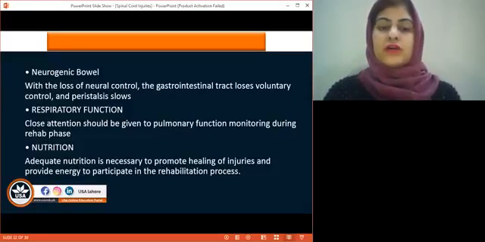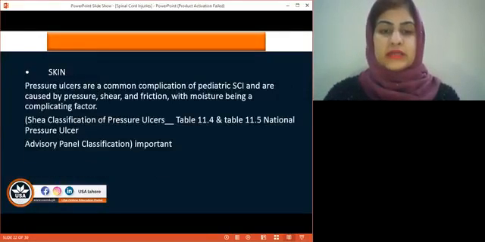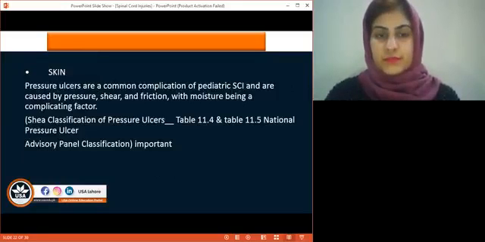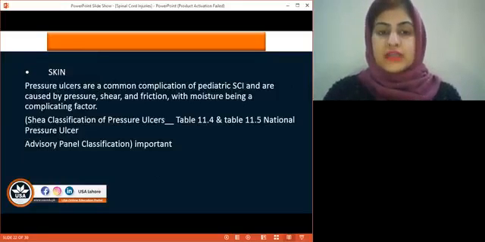For nutrition, adequate nutrition needs to be monitored in order to promote the healing of injuries and provide energy to participate in the rehabilitation process. For skin, pressure ulcers are a common complication of pediatric spinal cord injury and are caused by pressure, shear, and friction, with moisture as a complicating factor.